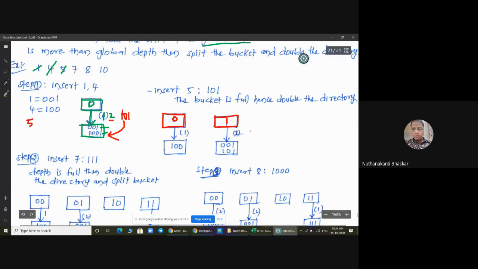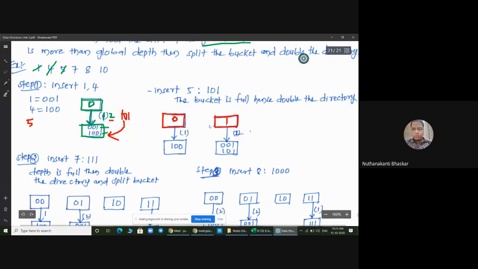Here we have to insert these 3 values: 001, 100, 101, and distribute them. In bucket 1, we insert the data whose last digit is 1. Now tell me, 001 is going to be inserted into which bucket, 0 or 1?